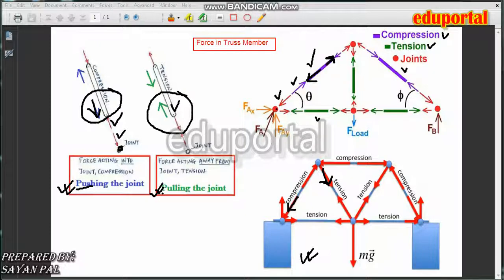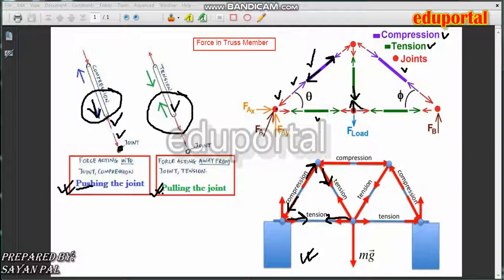This is the final figure, where we show this internal force. This is the compression. Similarly, this member is subjected to tensile force, and the joint will also pull the member. So there will be internal forces developed in the member. That will be tensile force. See this tensile force; this is actually the internal force.